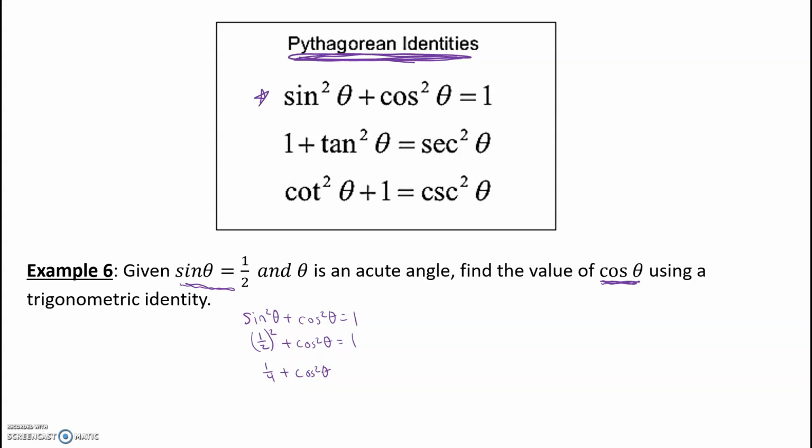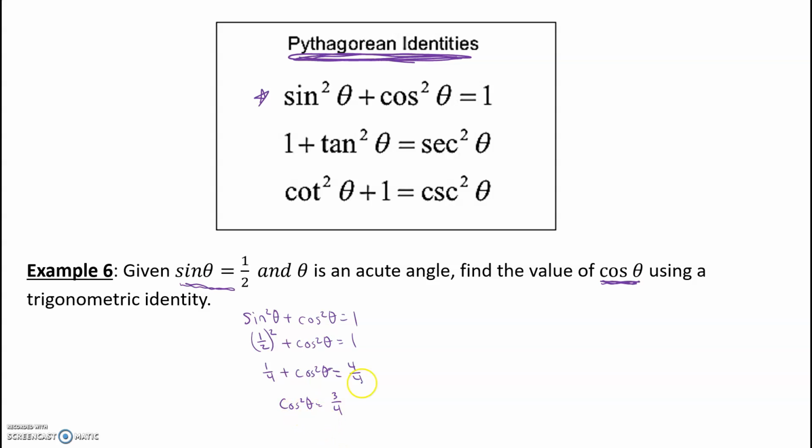Just copying everything else down. I'm going to write 1 as 4/4, because 4/4 is 1. The reason I did that is because I'm about to subtract 1/4 from both sides. So when I subtract 1/4 from both sides, I've got 4/4 minus 1/4 is 3/4.